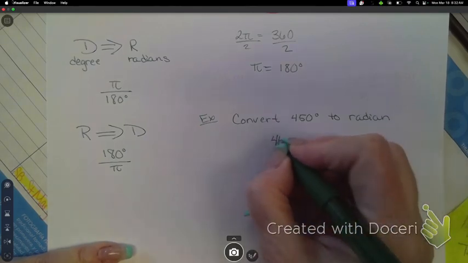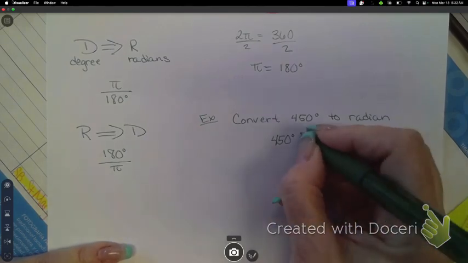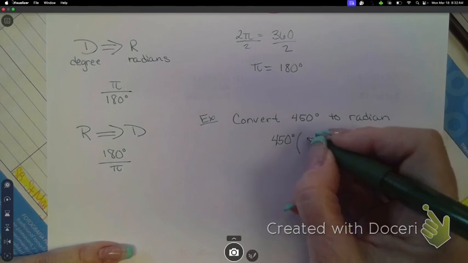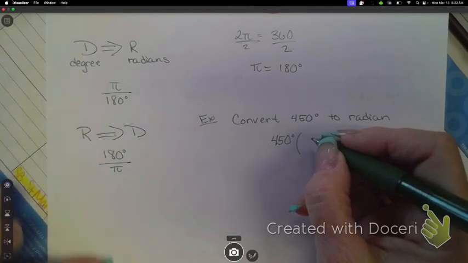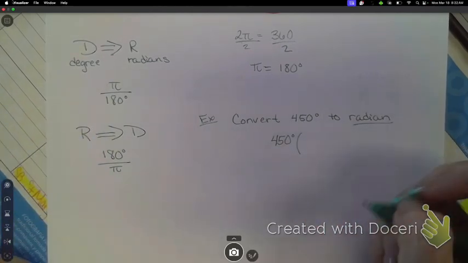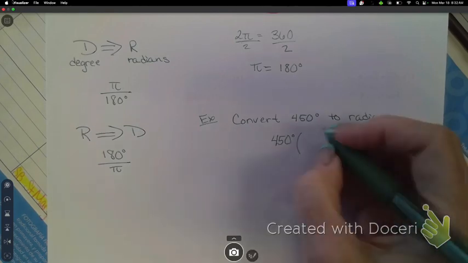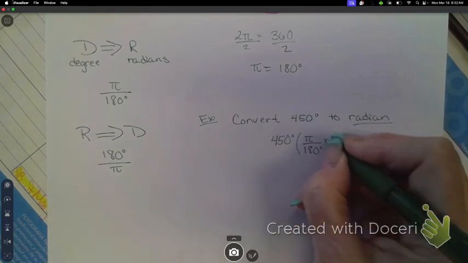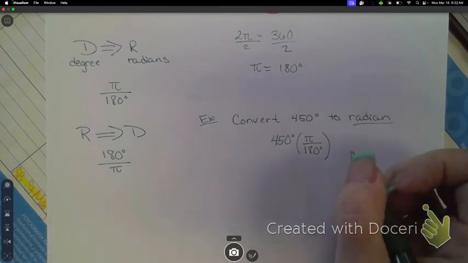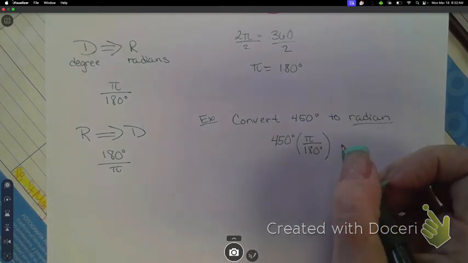So 450 degrees times what? Which one am I going to use? I'm converting to radians, so the top one: pi over 180 degrees. Now, from science, when you do conversions, you want your units to be one in the numerator, one in the denominator.